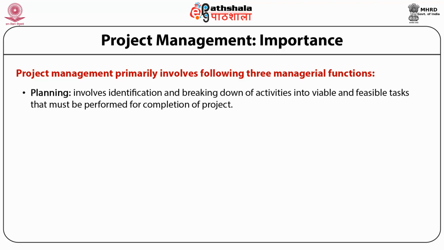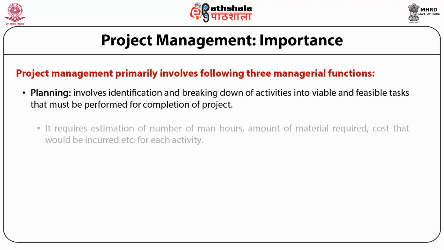Planning involves identification and breaking down of activities into viable and feasible tasks that must be performed for completion of the project. It also involves determination and allocation of resources to each activity. It requires estimation of the number of man hours, amount of material required, costs that would be incurred, etc.